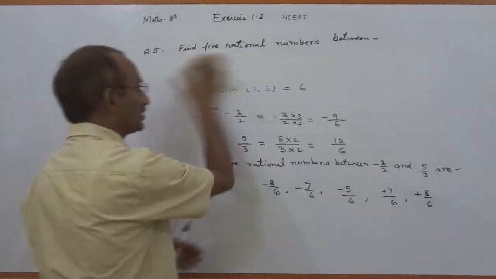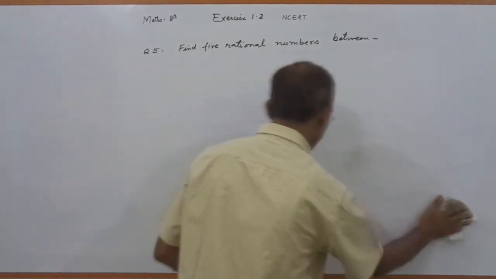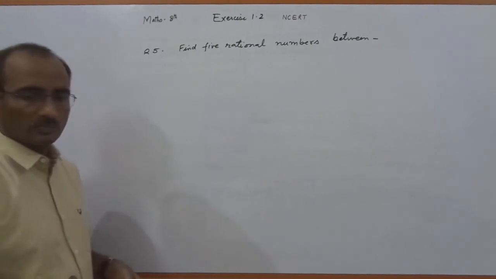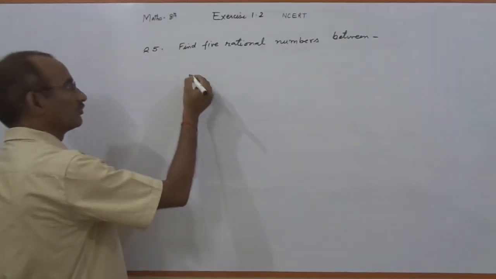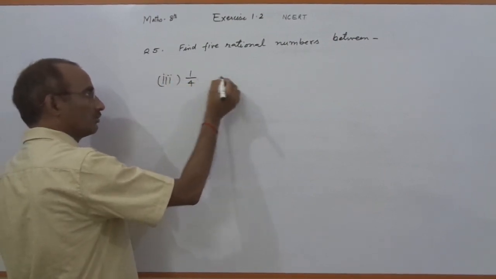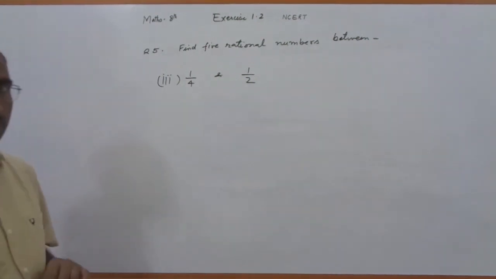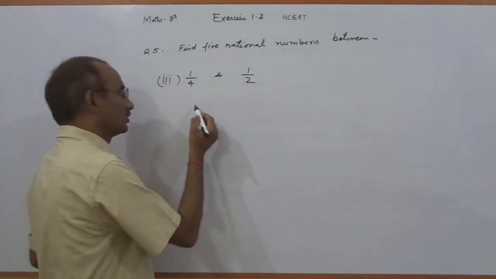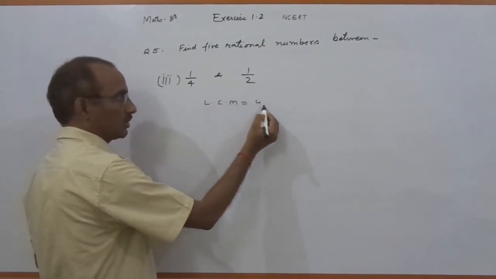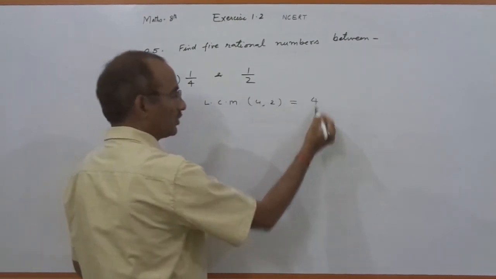Now come to the third question. The third is 1 upon 4 and 1 upon 2. So the LCM of 4 and 2 equals 4.